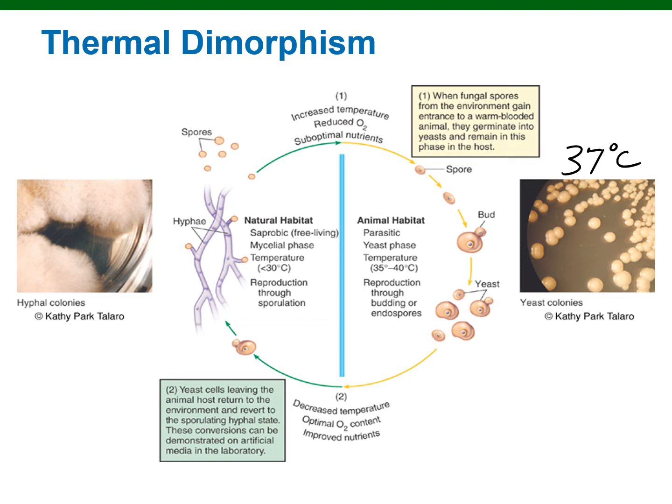And then if you were to take these organisms and take a sample and put them into a petri plate or a tube and then grow them at room temperature, which would be closer to the 20 degree Celsius mark, we'll see that that same exact organism will grow possibly in fuzzy or cottony looking structures, which then can produce spores, and these can become airborne. And if they get back into an animal, you can see how this cycle can go round and round, and this is how the disease gets into the host and then changes form.